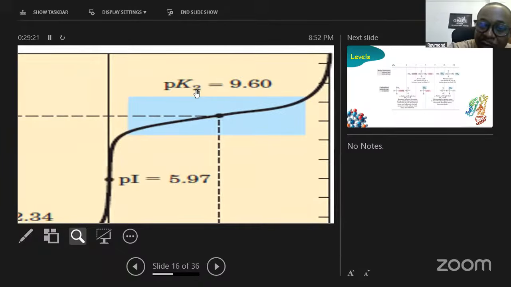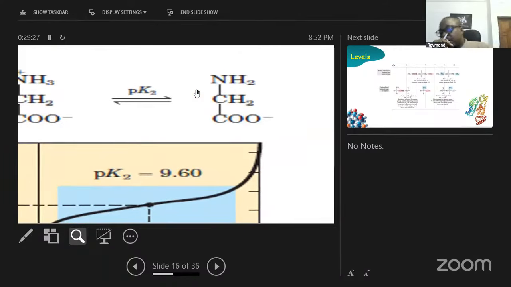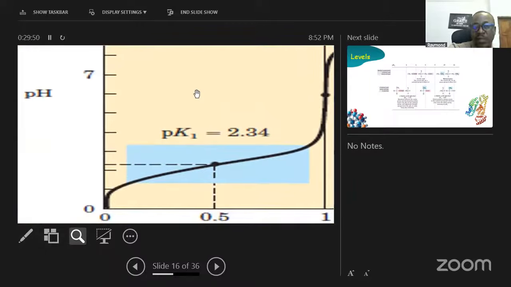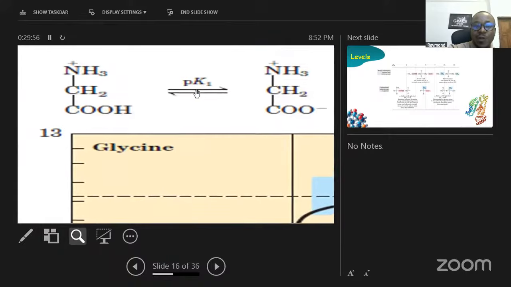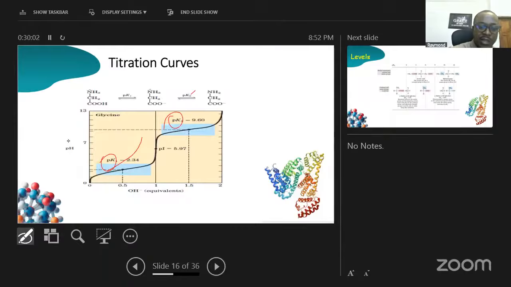But at a pH of 9.6, the amino acid is negatively charged. So you can see that in acidic environments, a pH between 0 to, let's say, 4 or 5, the glycine will be in this form.